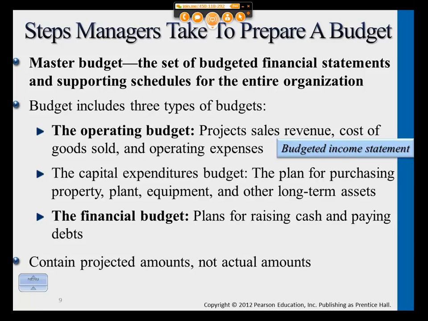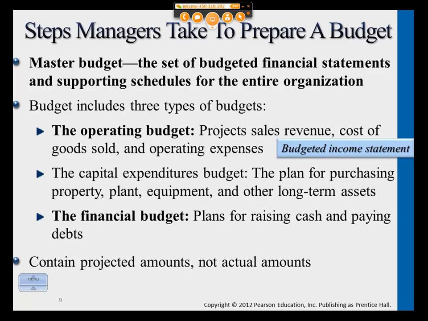And then the capital expenditures budget is the second one. This budget, it's the plan for purchasing different plants, properties, equipment, and such, whatever is the long-term asset. Okay, that would be your capital expenditure budget, long-term asset.